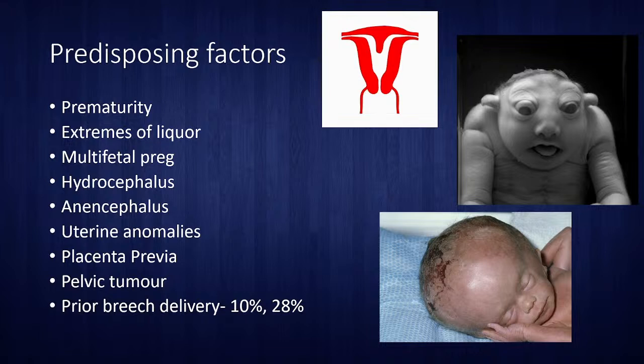What are the predisposing factors for breech presentation? As it is an abnormal presentation, we should know what abnormality in the fetus or mother may cause breech presentation. First one is prematurity. When the baby is premature, that means the baby is very small. In that case, the relative space between the uterine cavity and the fetus is different.